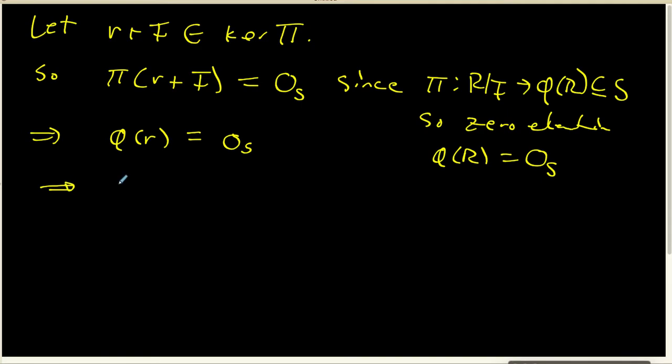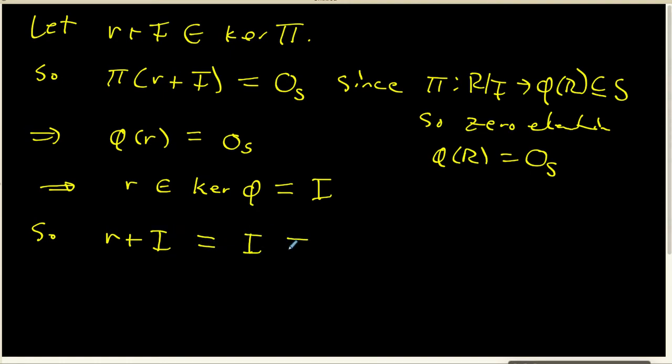Well, that says that r has to be an element of the kernel of phi. And the kernel of phi is actually equal to I. And so what does this say? This says that r is in I, and that says that r plus I is actually the same left coset as 0 plus I. And this is basically by how left cosets work.